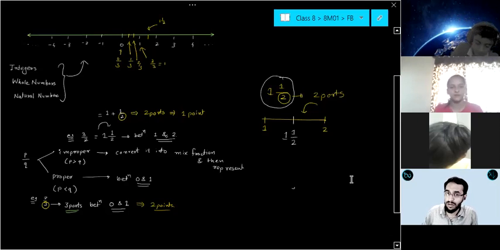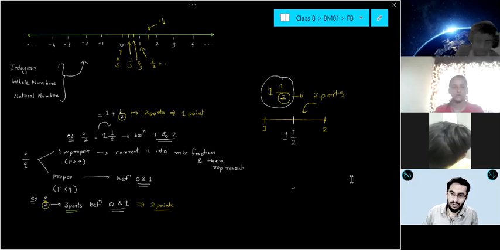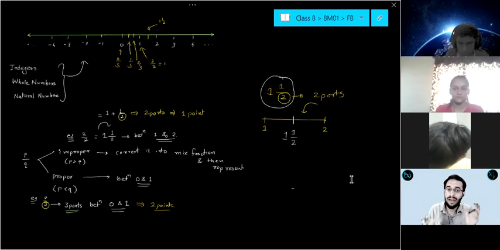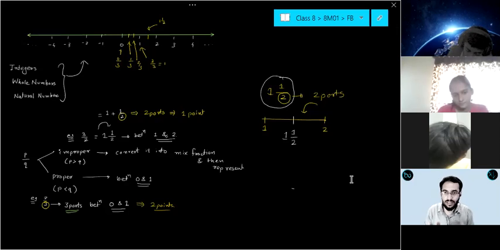We are dividing them into three parts, like 1 by 3, 2 by 3, 3 by 3. So it would be three parts then. Yes, in that case, but actually it's infinite, sir. Yes, those are infinite, but from those infinite numbers, we are just zooming in on 1 by 3 and 2 by 3. Just those three numbers. Clear? If we go inside, we will get more and more numbers.